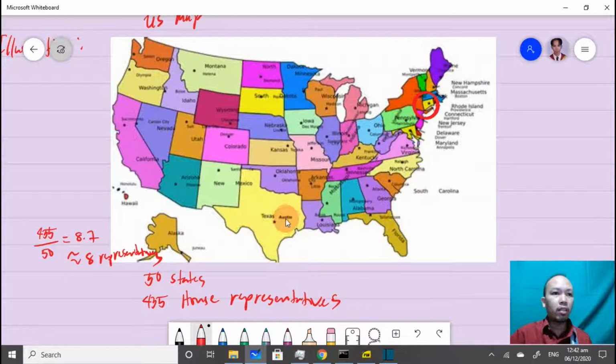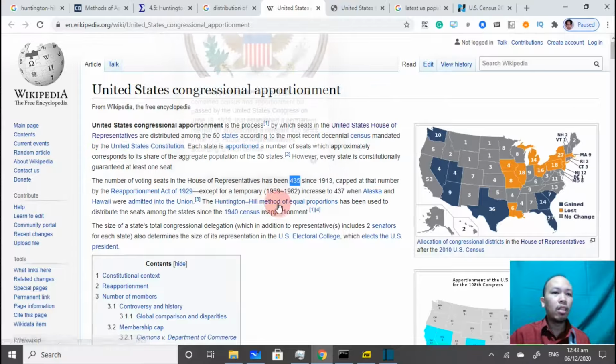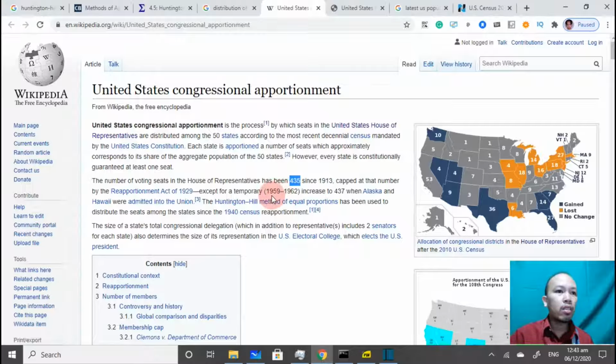As you can see, I've searched it on the internet and I guess I am correct. We have 50 states. It says here that there have been 435 representatives since 1913, and it was reapportioned in 1929. In 1959 to 1962, there were 437 because Alaska was added, and also Hawaii.